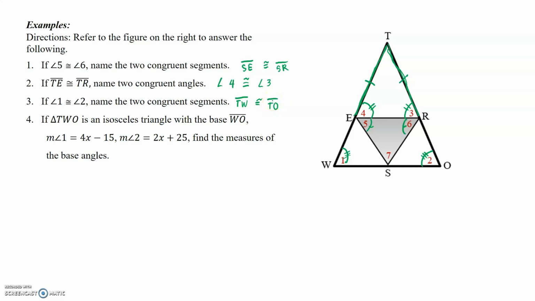And number 4, we have if triangle TWO is an isosceles triangle with the base segment WO, the measure of angle 1 is 4x minus 15, and the measure of angle 2 is 2x plus 25. Find the measures of the base angles.